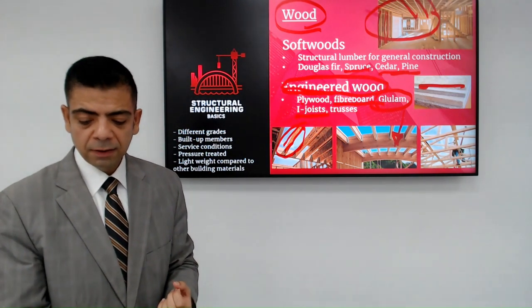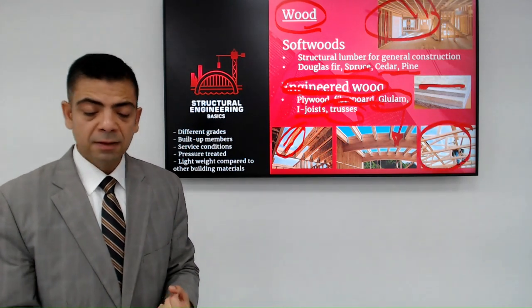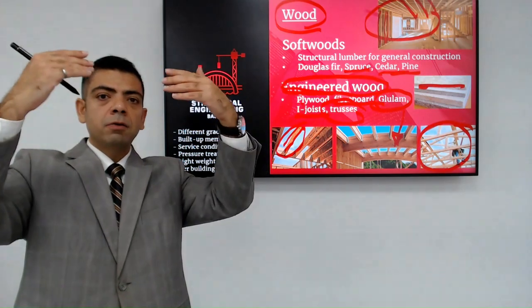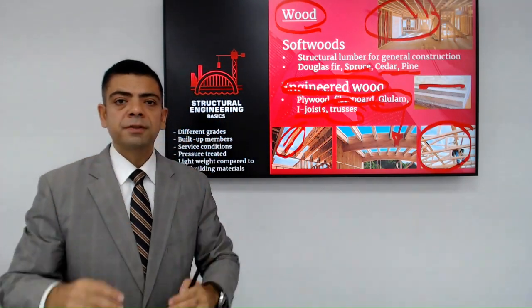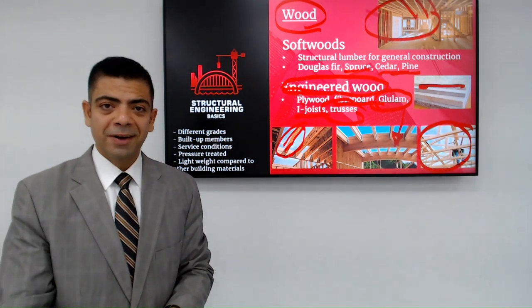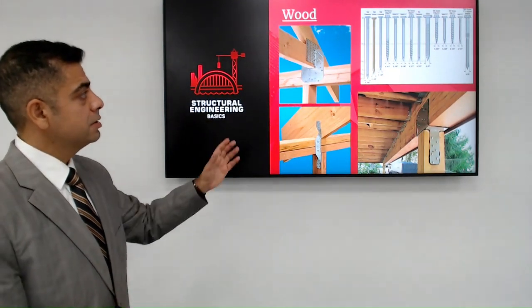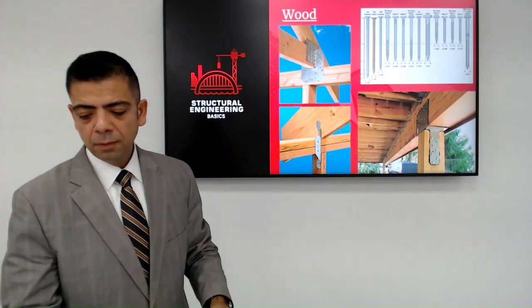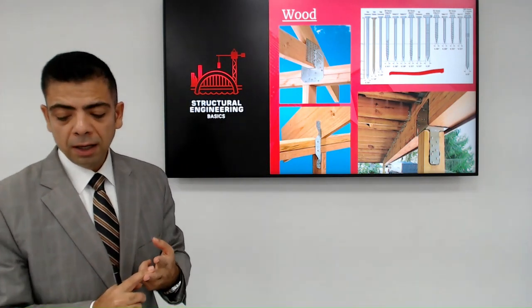And the last type of engineered wood is trusses. You can get these built on the ground and then you lift them to create all sorts of roofs and larger spans and resist the loads on them. Connections will need nails, correct length, correct diameter.